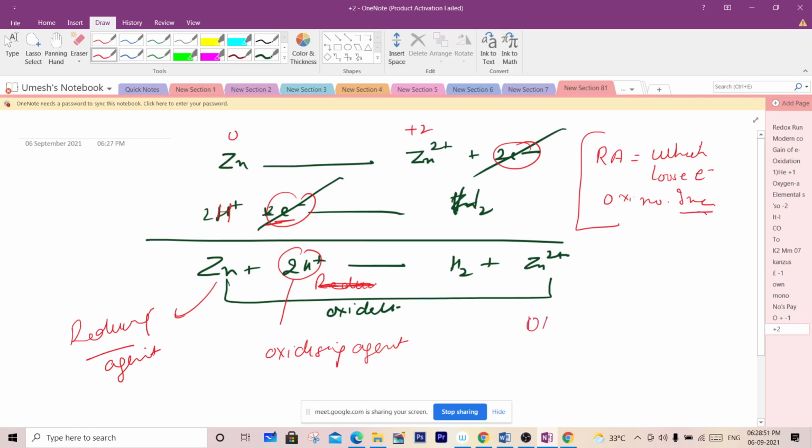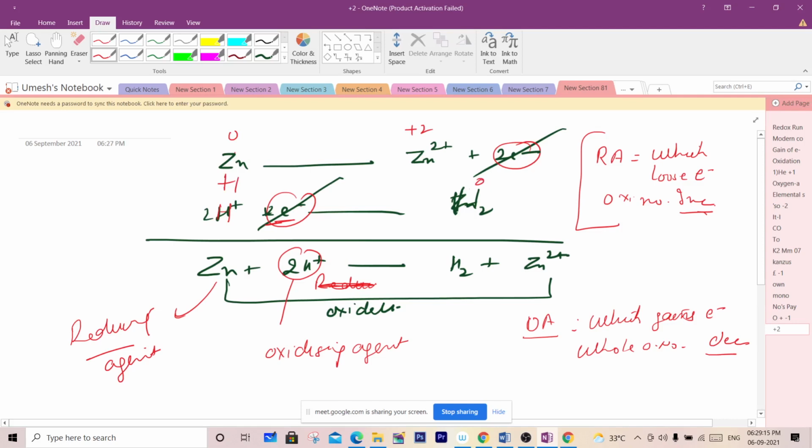And the oxidizing agent is the one which gains electrons, whose oxidation number decreases. You can see plus 1 to 0 here.